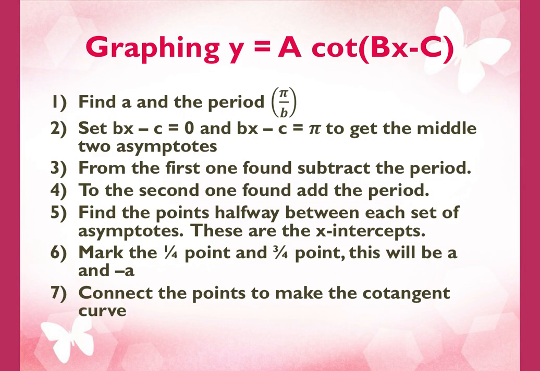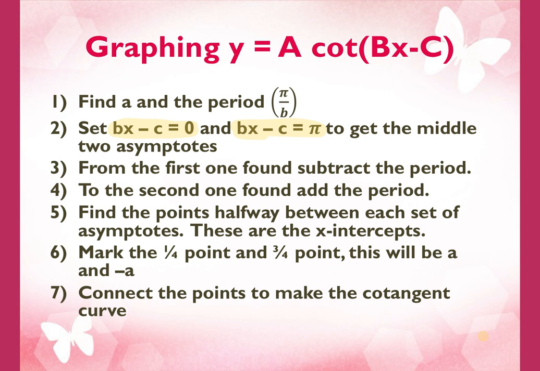Take a picture of this one, because I don't know why I don't have those in your notes, but this is for cotangent. So note, almost everything is the same. You're going to find A, you're going to find the period, which is pi over B. Then one major difference is you're going to set this equal to pi and to 0 instead of negative pi over 2 and positive pi over 2. From the first one, you're going to subtract the period.